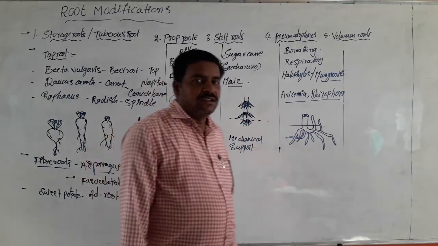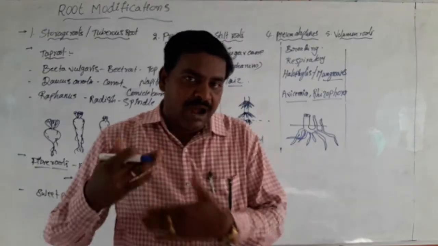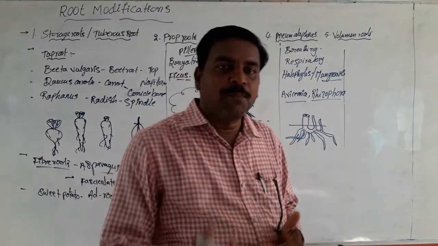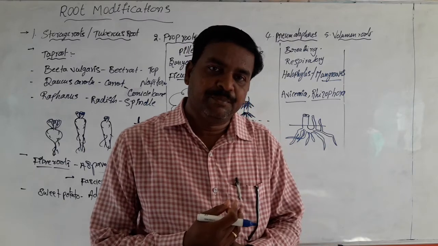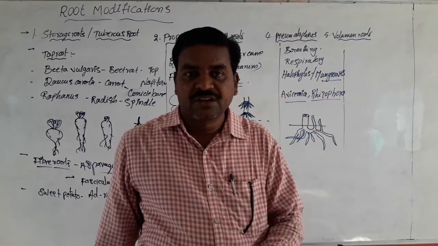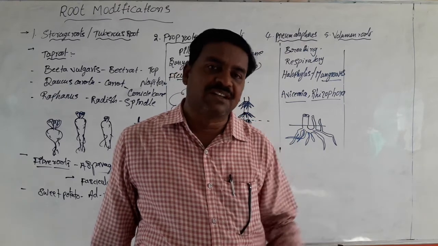Some branches developed from underground roots grow in an apogeotropic manner, meaning a negatively geotropic manner, and they come out of the ground.